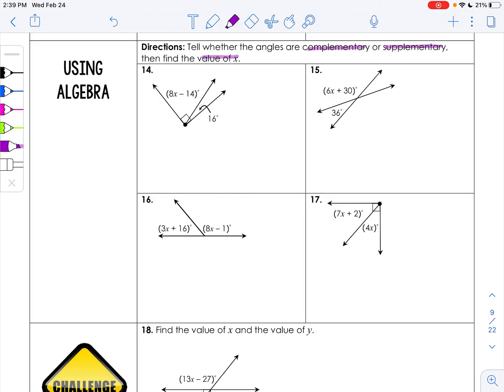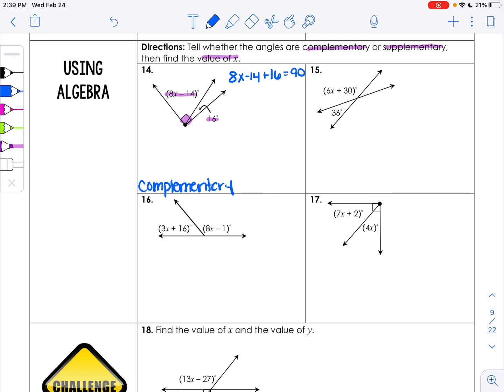14. I know that this angle and this angle together make a right angle. And I know right angles are complementary. So I know these two angles added together equal 90 degrees. So I can write the equation 8x minus 14, my first angle, plus my second angle of 16 equals 90.